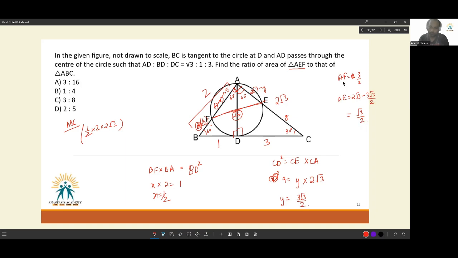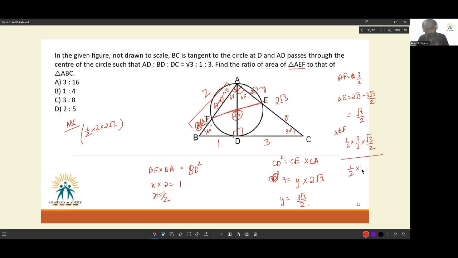This is now known. So area of triangle AFE will be half into 3 by 2 into root 3 by 2. This is area of AEF. Finally, I need this value divided by this value.